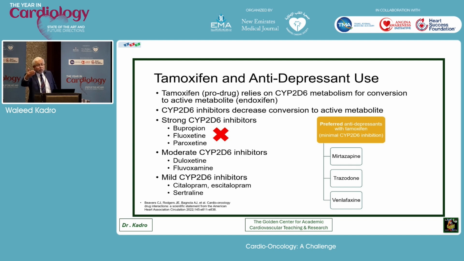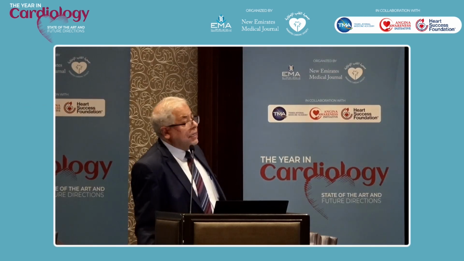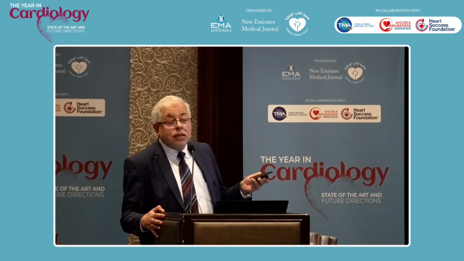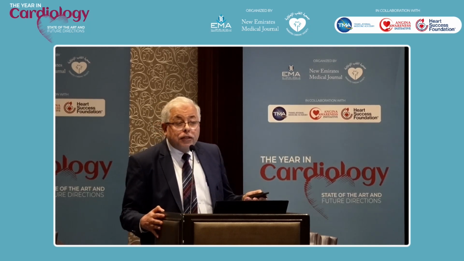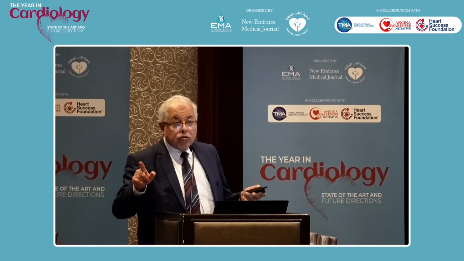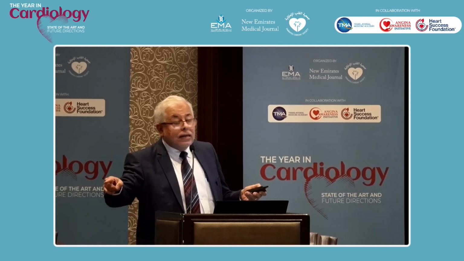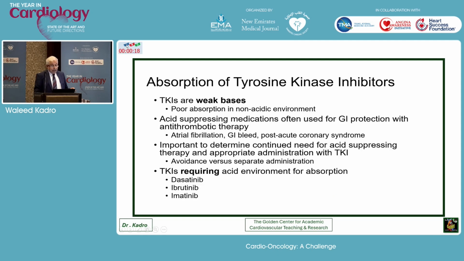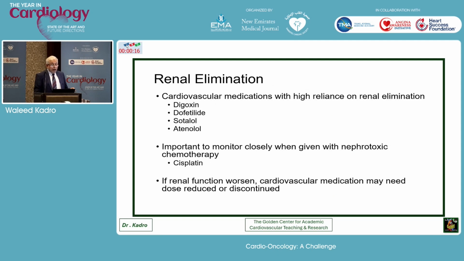Tamoxifen is the most common long-term medication, and if we combine it with this, we are suppressing the effect of tamoxifen and causing the patient to develop more cancer. So we need to pick the safest antidepressant, and the safest ones are trazodone and mirtazapine. And that's the best way for that.